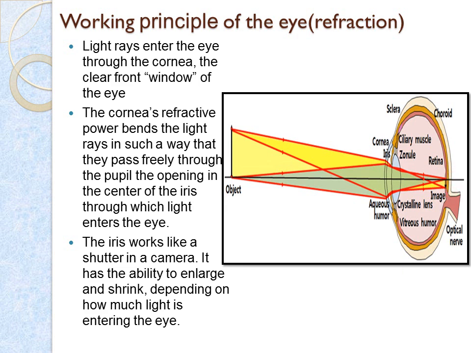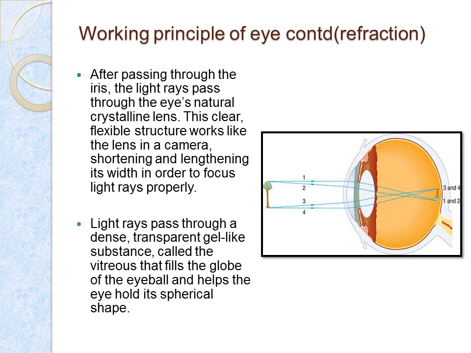Now let us see what more is there in this process of refraction. After passing through the iris, there is a natural crystalline lens. This clear and flexible lens is almost similar to that of the camera, but like the lens of the camera, the shortening and lengthening is to focus the light properly.